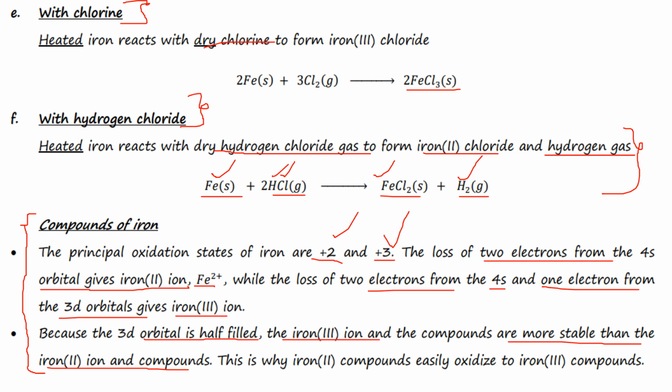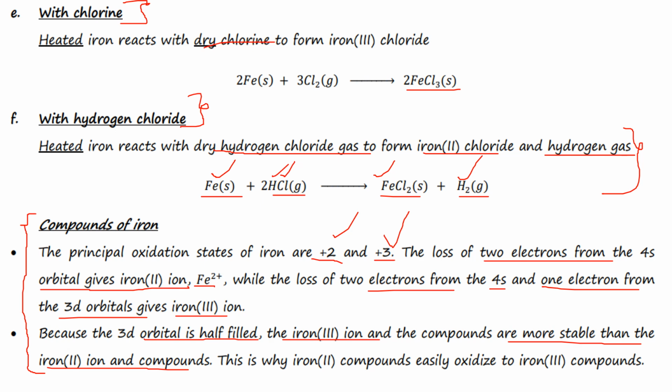So since in the iron 2 ion the 3d orbital is neither of the two, it makes the +2 oxidation state in iron very unstable, and therefore compounds of iron present in the +2 oxidation state are going to easily be oxidized to the +3 oxidation state, because in the +3 oxidation state is where we have our 3d subenergy level half filled.